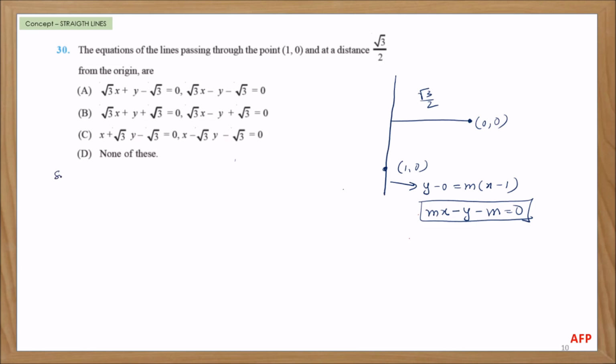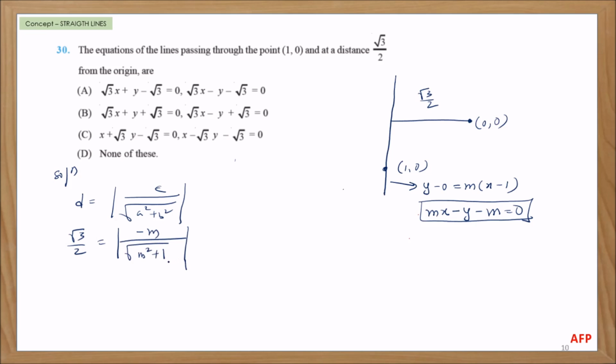Now using the distance formula, d = |ax1 + by1 + c| divided by square root of a square plus b square. The distance from the origin is root 3 by 2, which is nothing but c divided by square root of a square plus b square. So root 3 by 2 = |-m| divided by square root of m square plus 1.